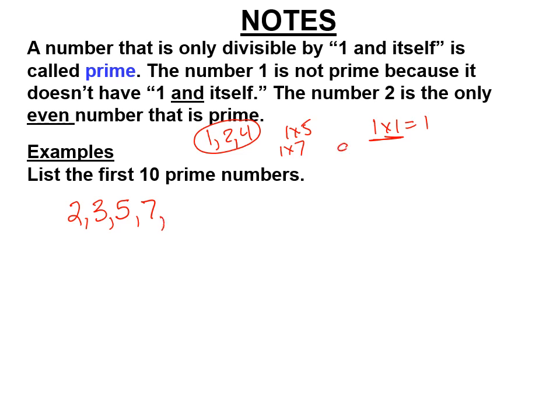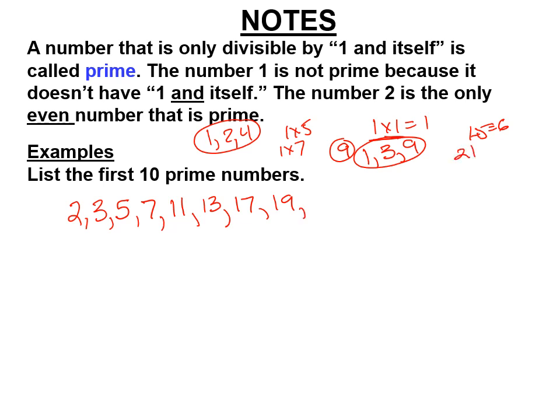But then 9 is an odd number, but it's not prime, because there's 1, there's 3, and 9, right? 3 times 3 is also 9. The next odd number is 11, and 11 is prime. So we've got 5 of them. 13 is prime, 1 times 13, but 15, no way. 1 plus 5 is 6, right? So it's on the 3 times table, it's on the 5 times table. 17 is prime. 19 is prime.